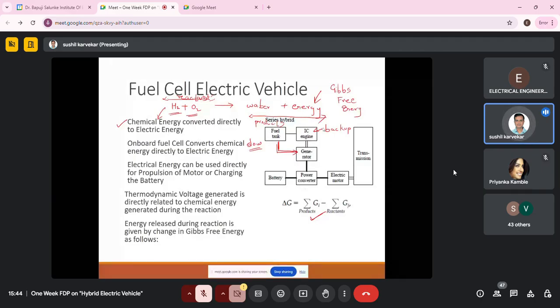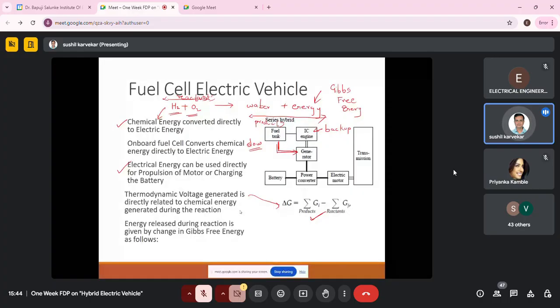Fuel cell vehicles are also looked upon as alternatives to IC engine systems. Next, the electric energy is used for propulsion of the motor as well as for charging the battery. And as I said, the thermodynamic voltage which is generated is through this particular reaction using the Gibbs free energy equation.